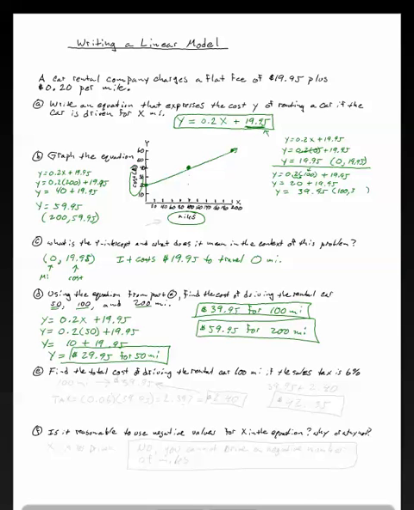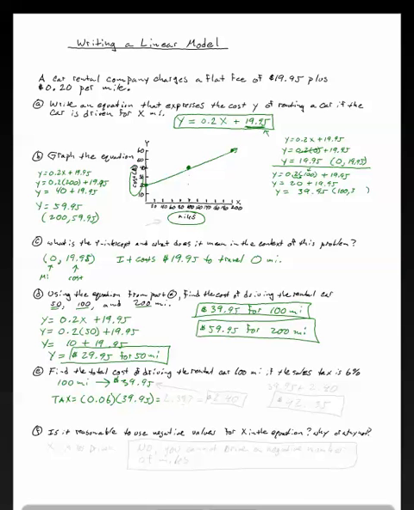Part E says, find the total cost of driving the rental car 100 miles if the sales tax is 6%. Well, we already know that for 100 miles the cost is $39.95. So the first thing we have to do is figure out 6% tax on $39.95. So the tax is going to be 0.06, that's 6% as a decimal, times $39.95.